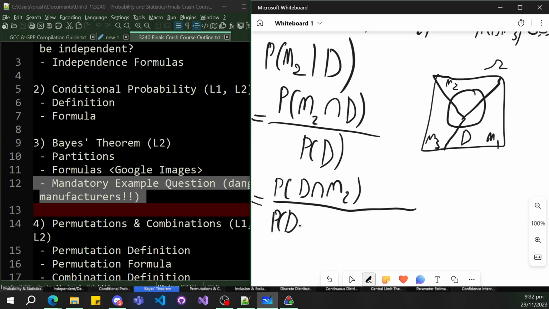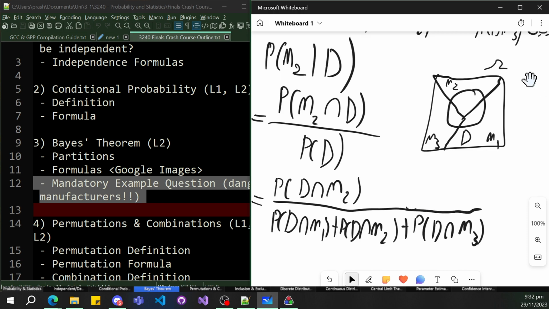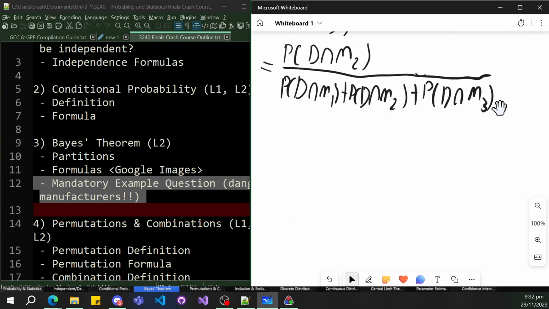Let's write that down. D intersect M1 plus D intersect M2 plus D intersect M3. The denominator is going to get real long, so be prepared for that. Now that we have everything in the form of intersect, we'll use our magic formula to write them in the form of A given B. So we've got D given M2 times the probability of M2.